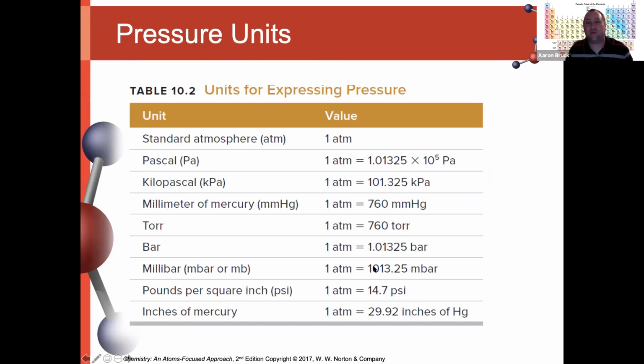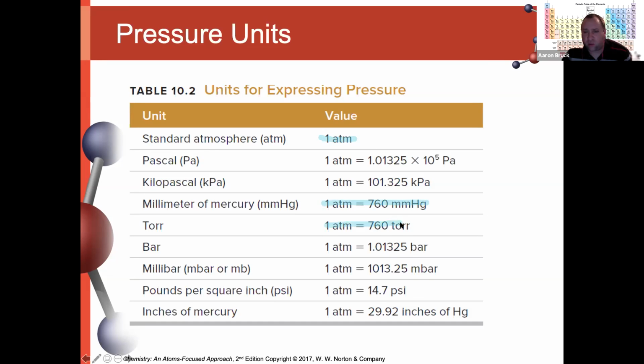Now, when it comes to pressure units, we can see that there are several here in this table that are of interest to us. Where we tend to focus the majority of our attention is only on some of these. Obviously, we've talked a little bit in osmotic pressure about atmospheres. That's going to remain of interest to us.